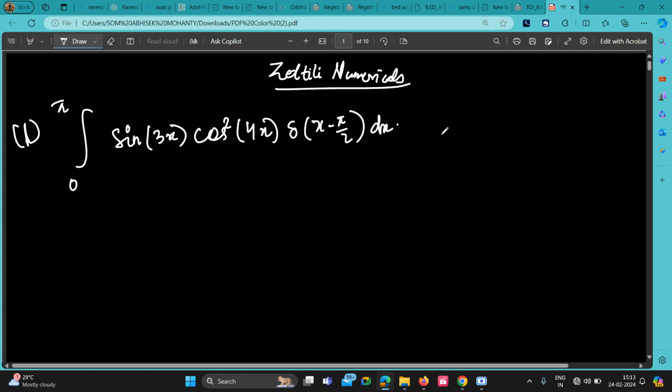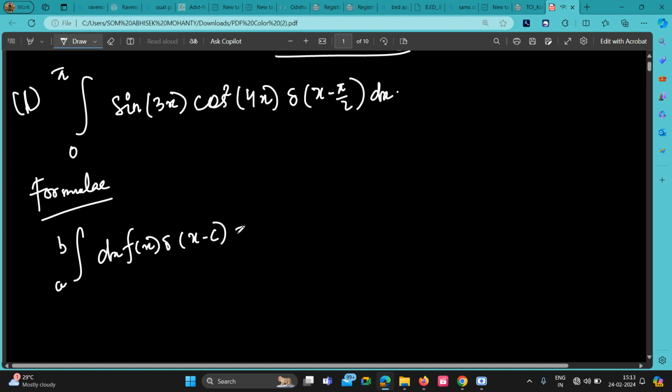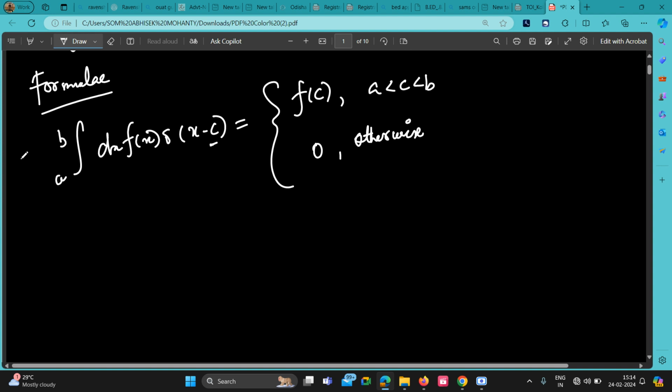I'll just write down the formulas again for the Dirac delta function. The first formula: integral from a to b of dx f(x) delta(x minus c) is equal to f(c), if c is between a and b, and 0 otherwise. Okay, this is the first formula.